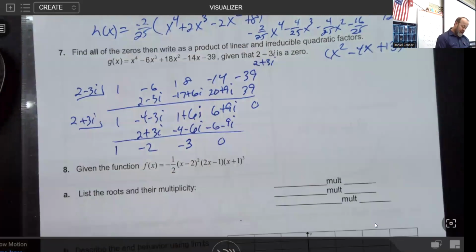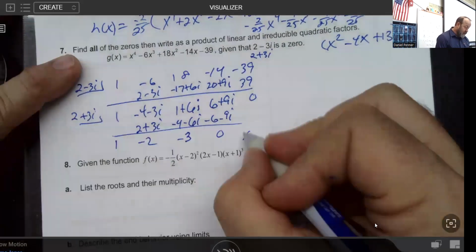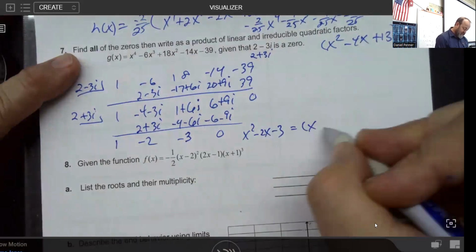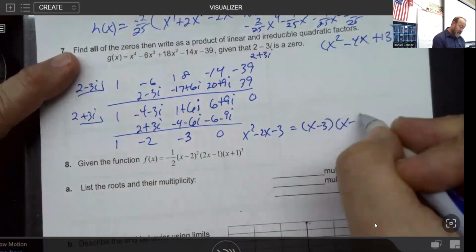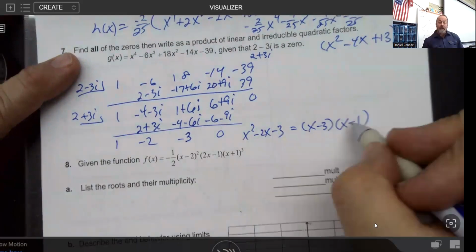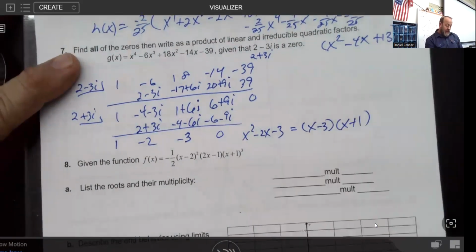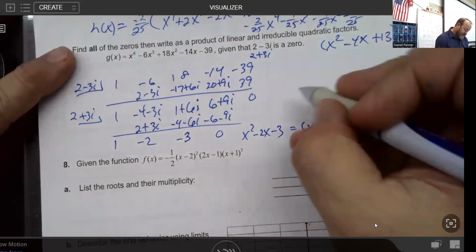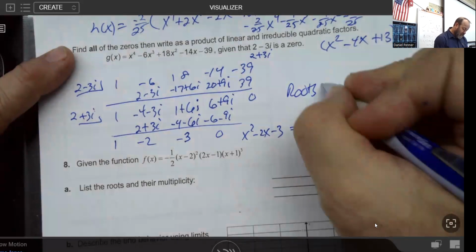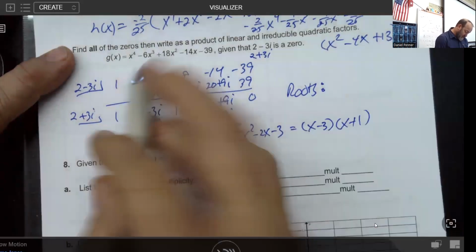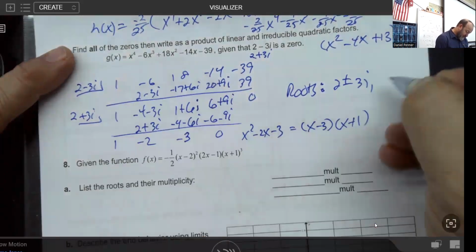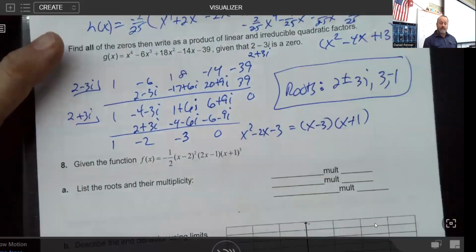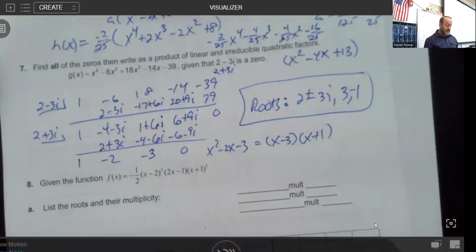And so I'm left with x squared minus 2x minus 3, which turns out to be a beautiful factor of x minus 3, x plus 1, because I need them to multiply to negative 3, but add to negative 2. And so my roots, and there should be 4 of them, are 2 plus and minus 3i, positive 3, and negative 1. And we got all 4 roots that match up with this problem.